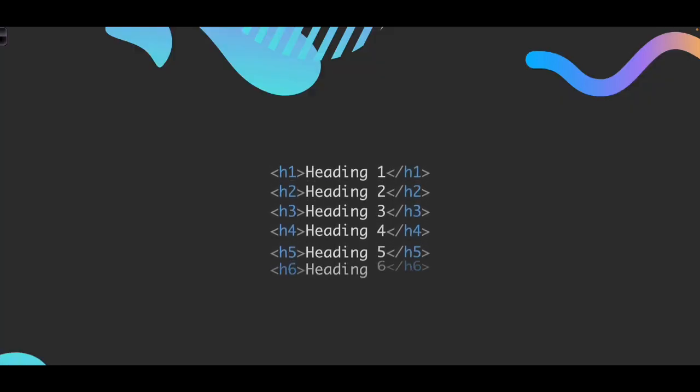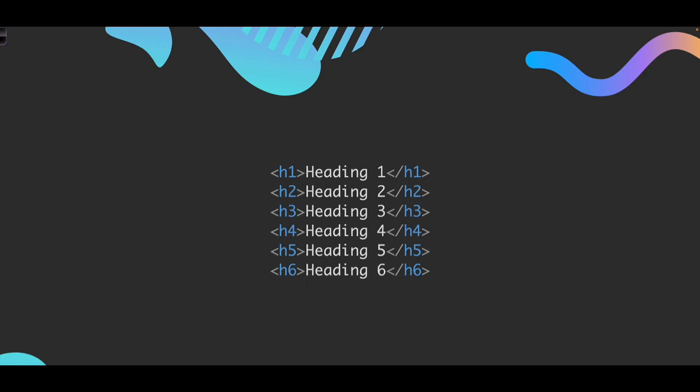This is what the code would look like for all 6 levels of headings. And remember that there is no heading 7. There is no such thing as an H7. That does not exist. Once you've gone to heading 6, that's pretty much the end, as defined by the HTML people. And for anything that's lower in importance, you would start using a different type of tag, which we'll go into a little bit later on.